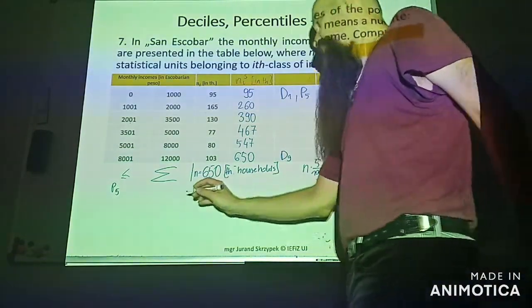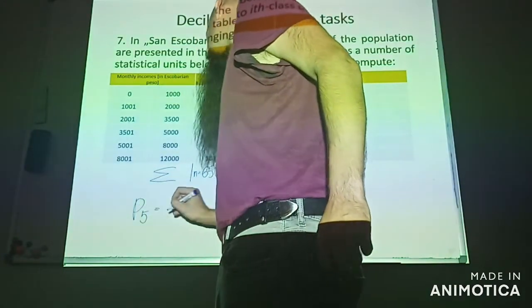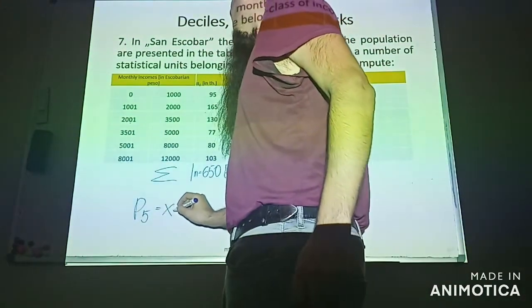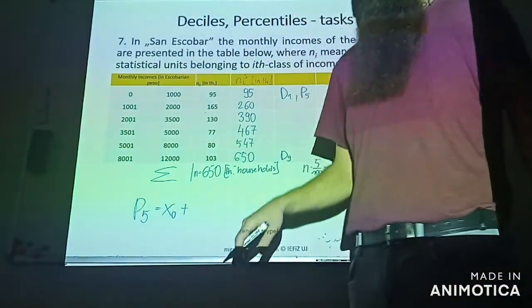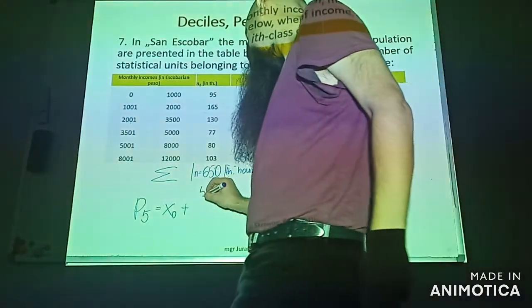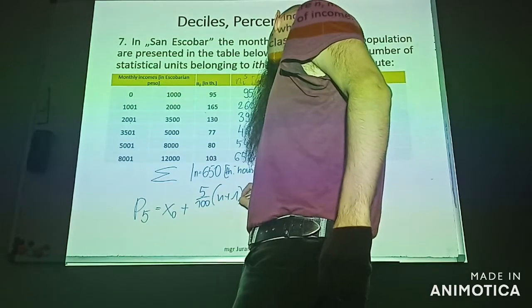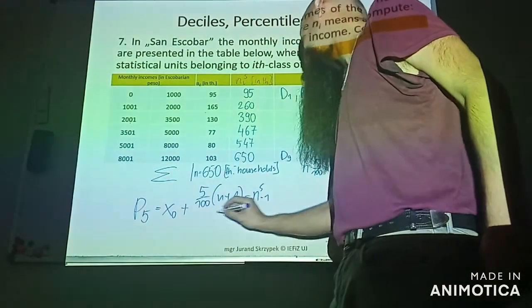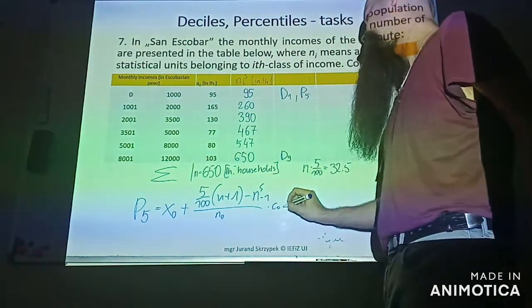Alright, so the fifth percentile is x0 plus 5 divided by 100, (n plus 1 minus ns minus 1) divided by n0, multiplied by c0.